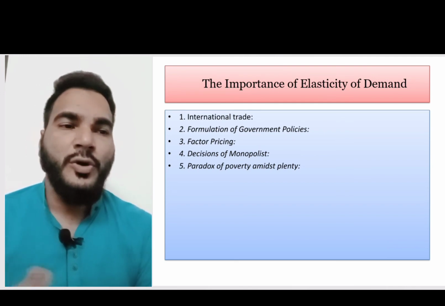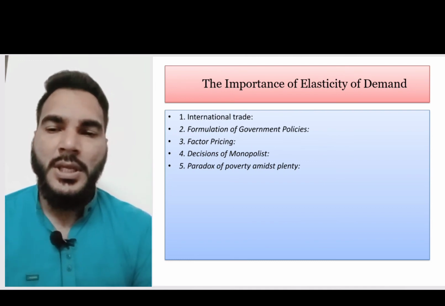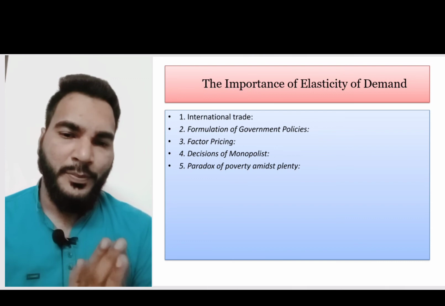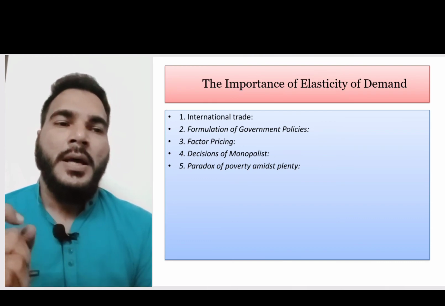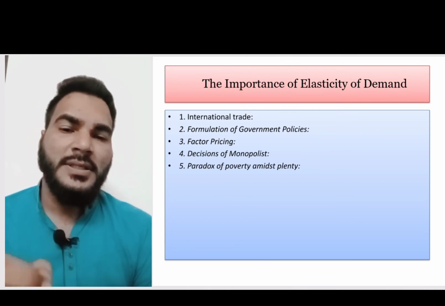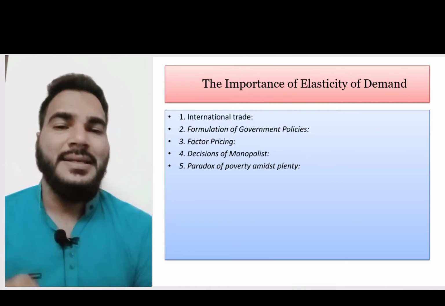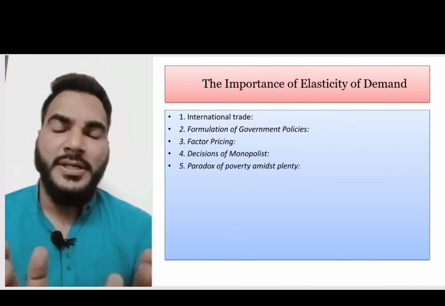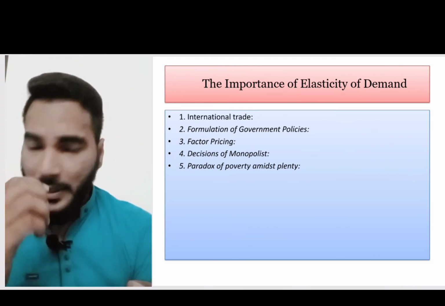So what happens here, if you think about all five types of elasticity of demand, if your product has inelastic demand, you can easily get a monopolistic business because you have targeted customers and they do not worry about the prices.